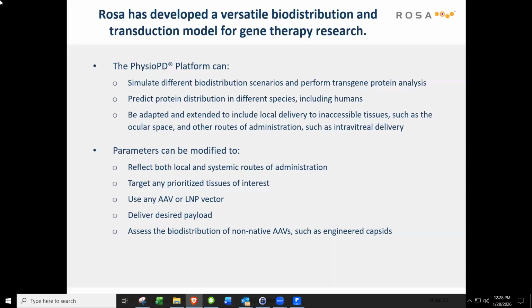We can use AAV, but LNP vectors can also be implemented in the model. The parameters can be modified to represent a specific payload. And the model can also assess the biodistribution of non-native AAVs, such as engineered capsids.